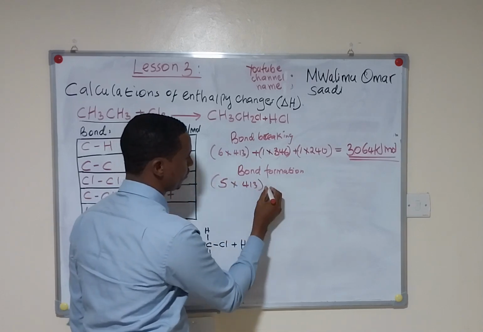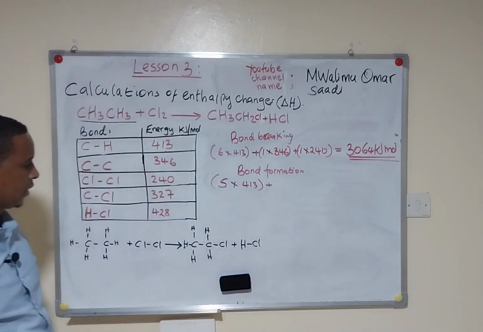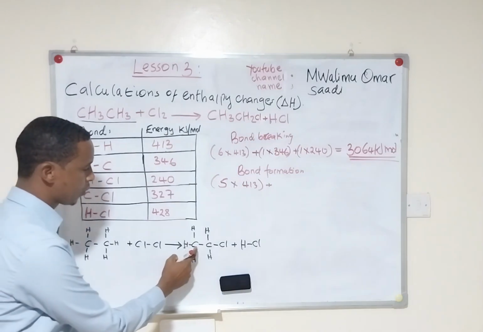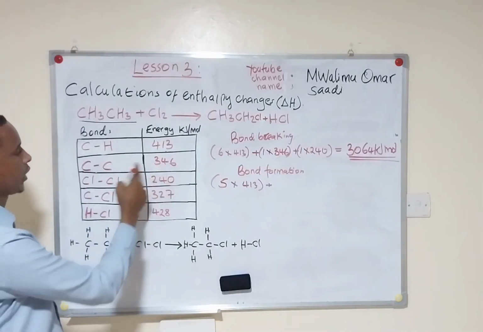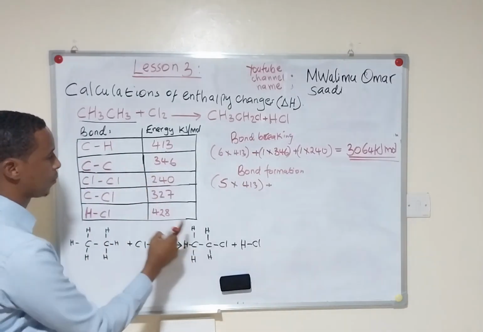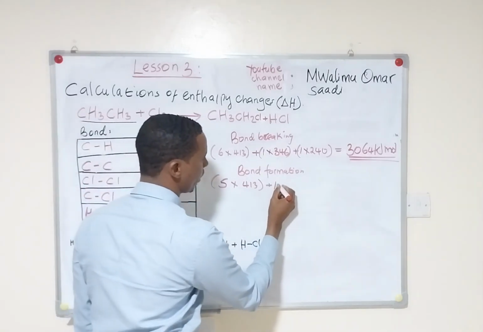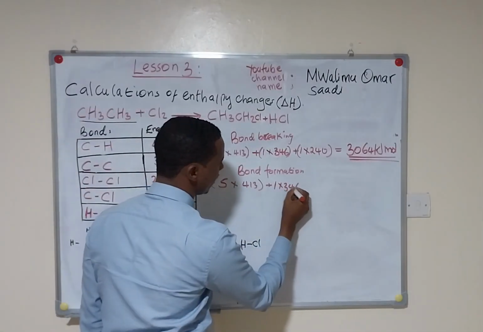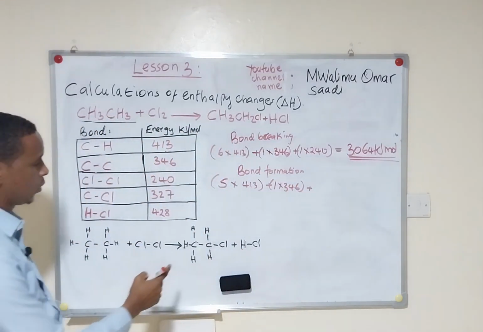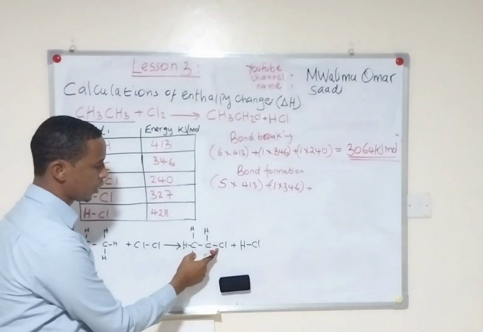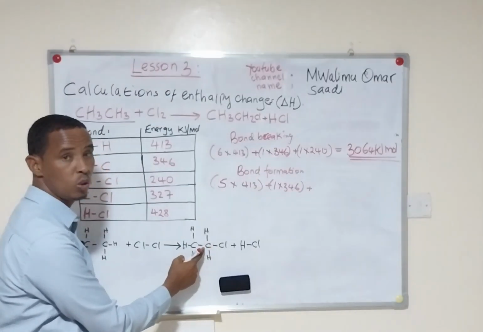Plus, here we have the carbon-carbon bond. The energy is 346, and we have only one carbon-carbon bond, so 1 times 346, plus the carbon-chlorine bond, and there is only one.